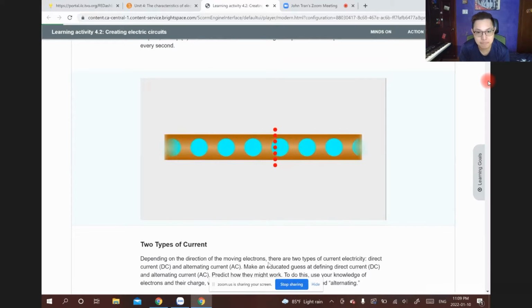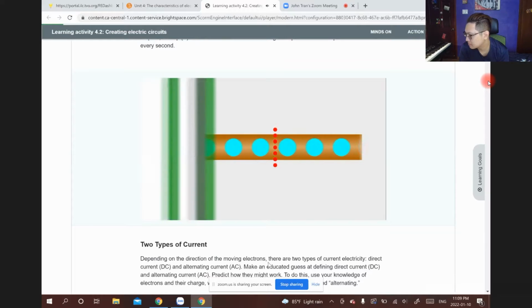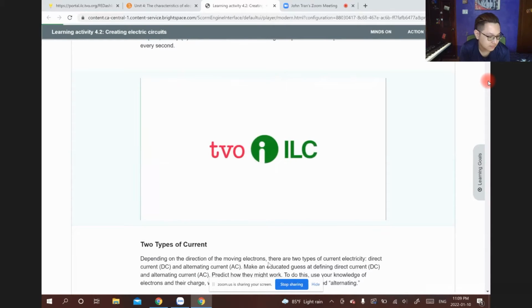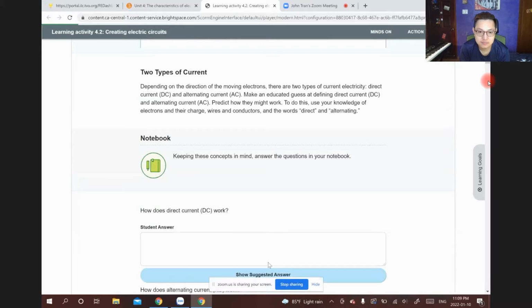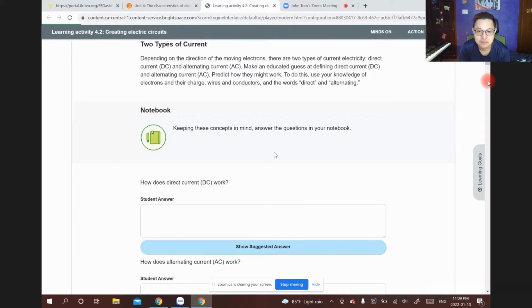Ampere. This indicates the amount of charge that passes a certain point in a circuit every second. Two types of currents. Depending on the direction of the moving electron, there are two types of current electricity: direct current (DC) and alternating current (AC).